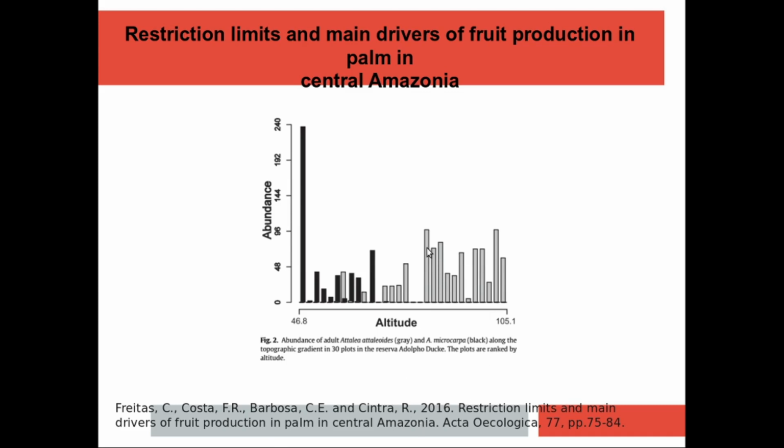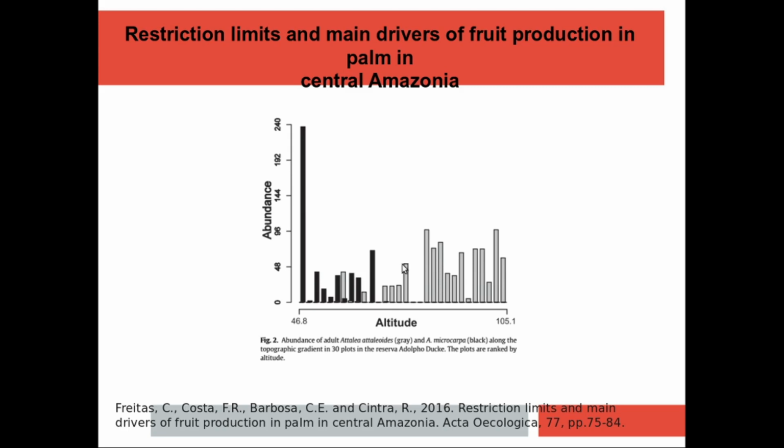So do you remember that graph from the last video, where the black bars represent the abundance of Attalea microcarpa in the valleys, sandy soil, and here in the hilltops with the gray bars we see Attalea attaleoides, in the places that are much more composed by clay instead of sand.